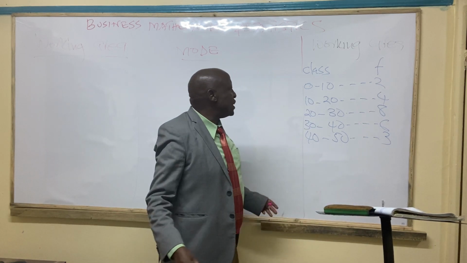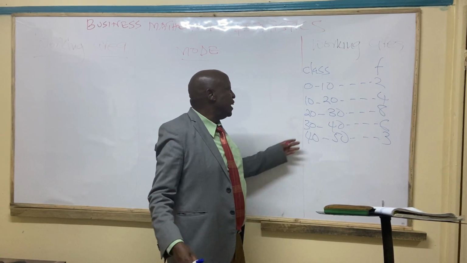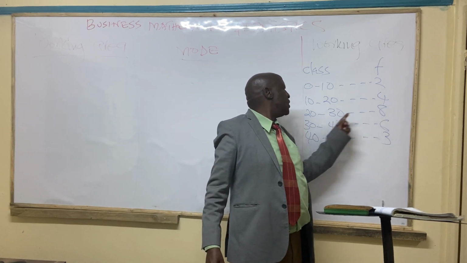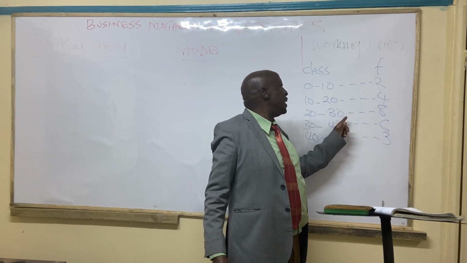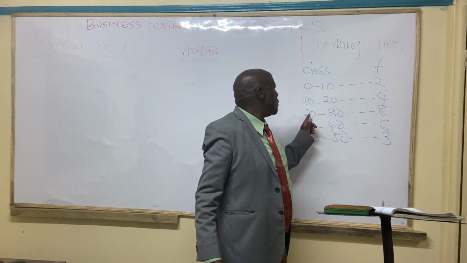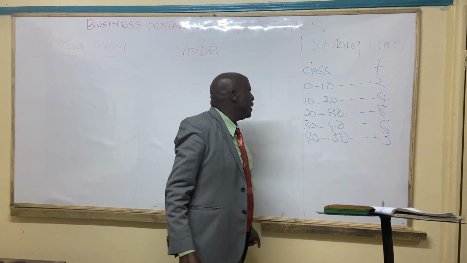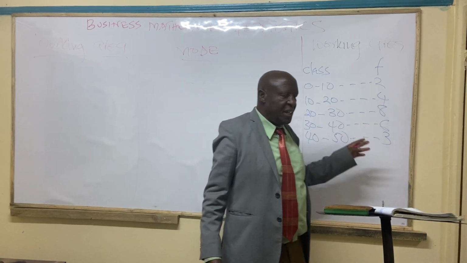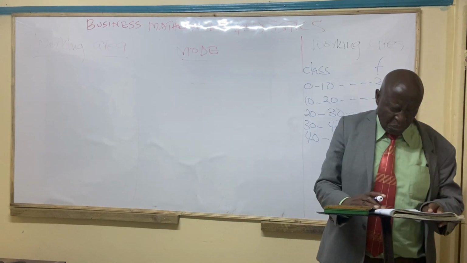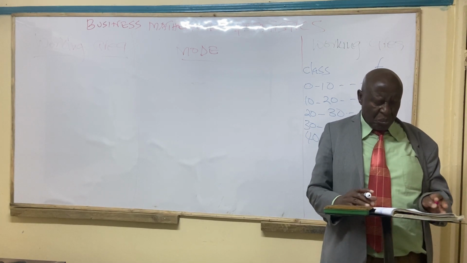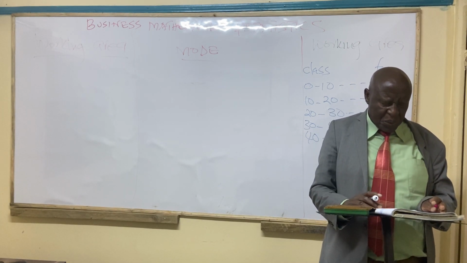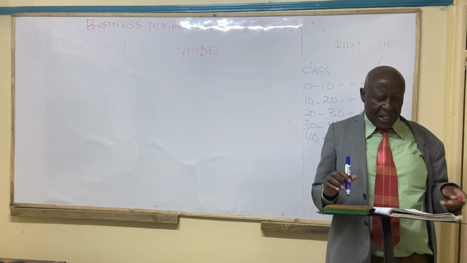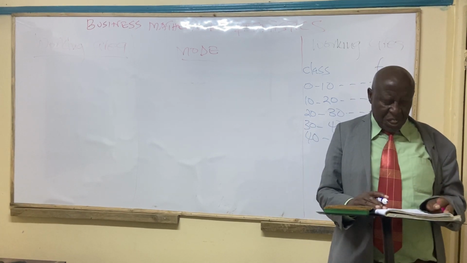Our modal class, the most occurring class here, you see the frequency is 8. So the most occurring class here will be 20 to 30. That is the most occurring class. Sometimes you may be asked to find the most occurring class in a grouped data.